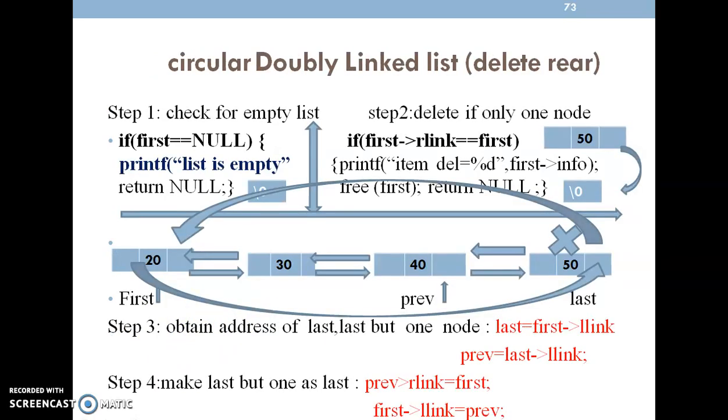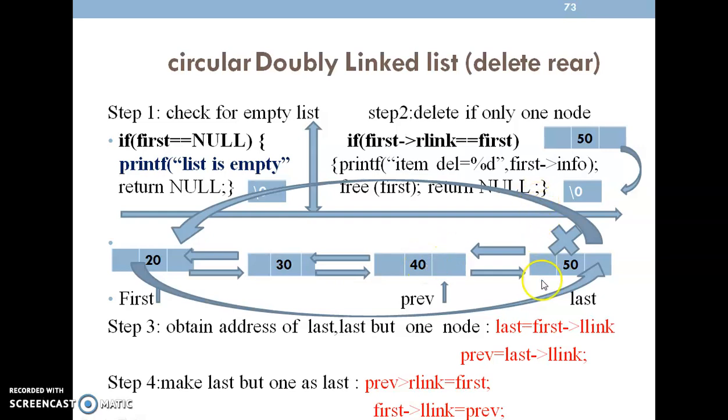Then the last function is delete an element from the rear end. So you have to delete the last node. These two steps remain the same. Obtain the address of the last but one node. Why do we require this previous node? Because after deleting the last node, the previous becomes the last node.